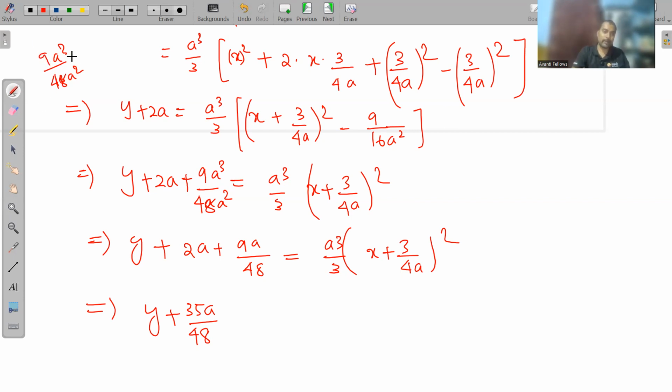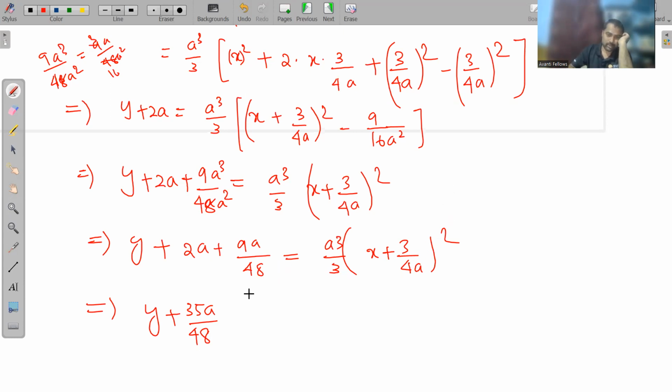So this becomes 9a by 48a square. So 3 goes into it, this becomes 3a by 16. So 3a by 16.